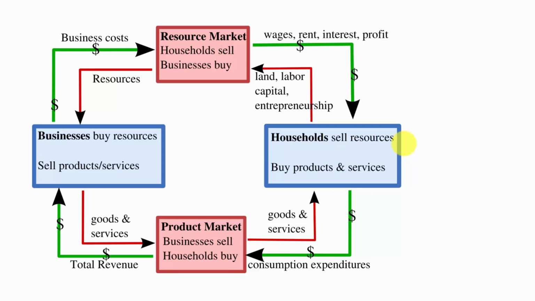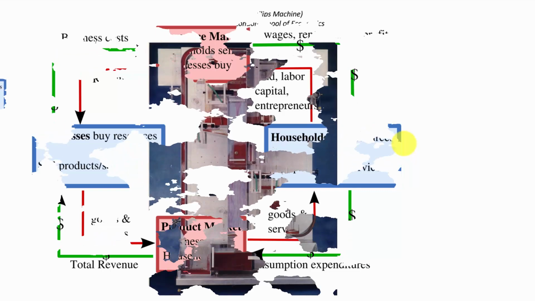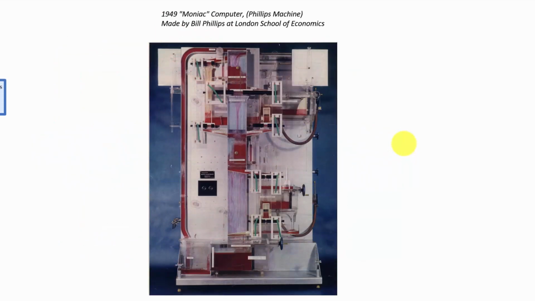Now let me show you two different real versions of the circular flow. And these are a little bit more complicated than the simple version. So let me show you a picture first. So what we're looking at here is a computer. It's not a digital computer that runs on electricity the way we usually think of.